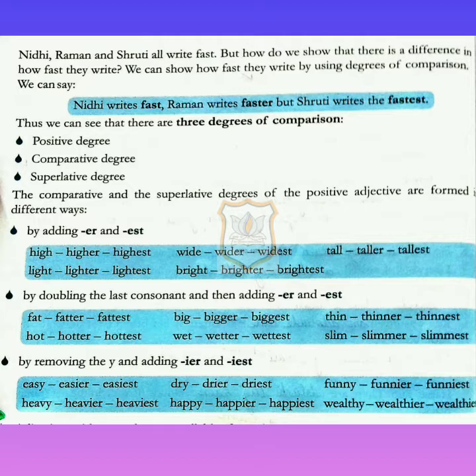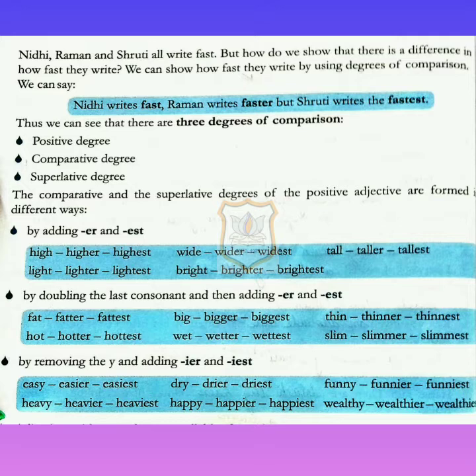The third one is by removing the y and adding ier and iest. So we have to remove the y and then add ier and iest. Easy, easier, easiest. Positive degree is easy, easier is the comparative degree, and easiest is the superlative degree. Heavy, heavier, heaviest. Dry, drier, driest. Happy, happier, happiest.